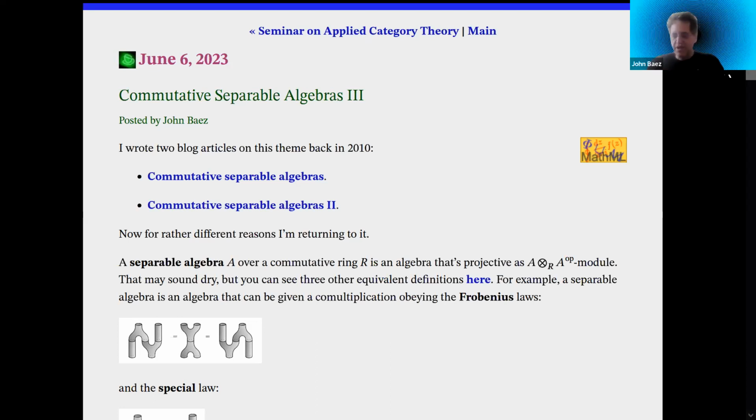No, you're using the braiding in the symmetric monoidal category where all this is occurring. Okay, maybe I made a level slip. Let me think. Yeah, I think you made a level slip.